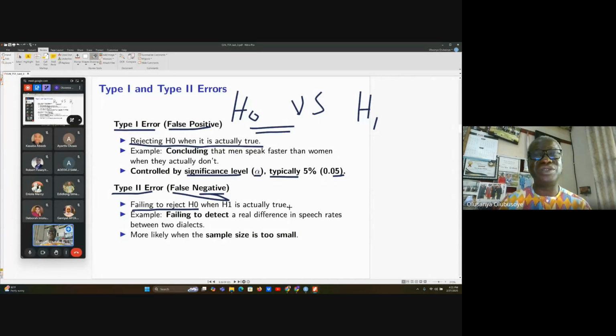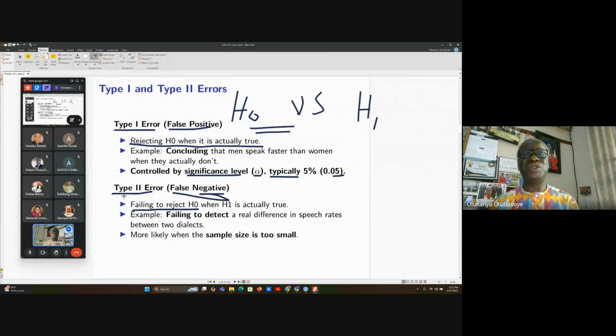In other words, when it is true and you reject it, that's type 1 error. When you fail to reject it when the alternative is true, then that is type 2 error.